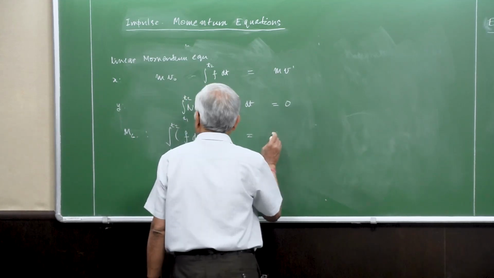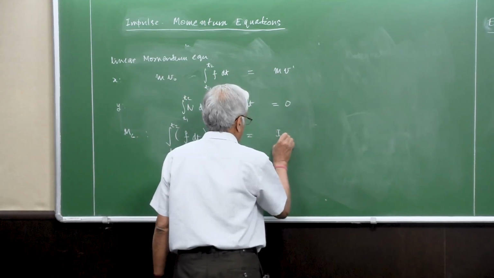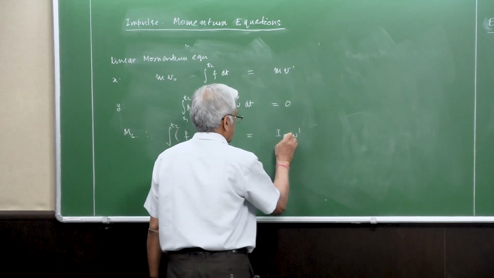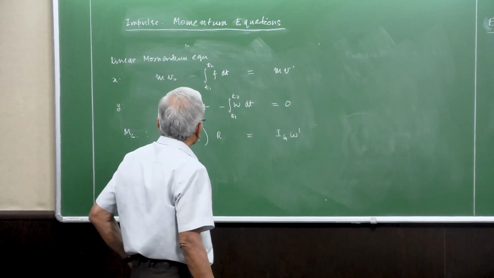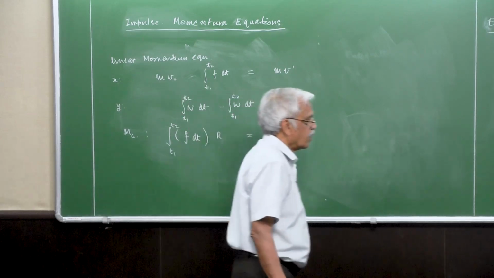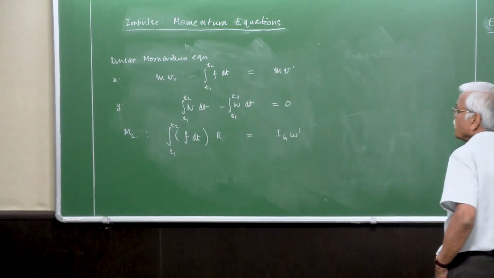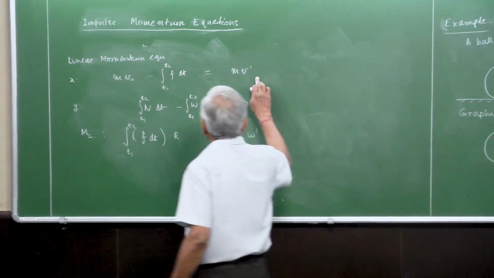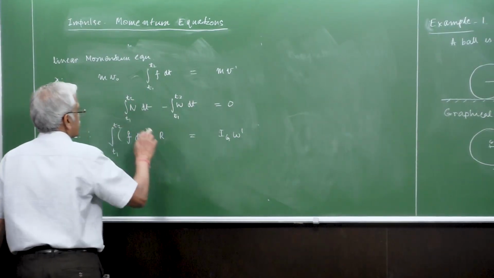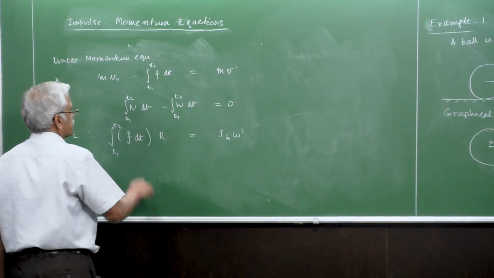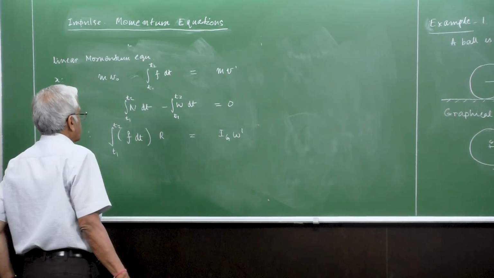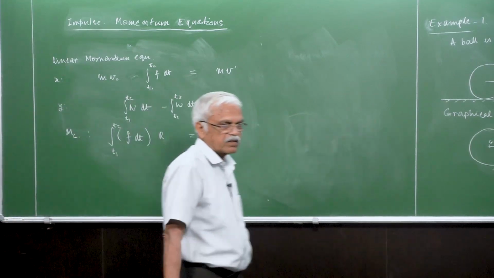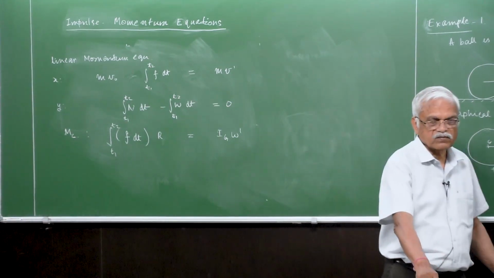On the right side you have Ig times omega prime. So these are the three equations. How many unknowns are there? If you count them: v prime and omega prime, as well as N and F. So there seem to be more unknowns than equations, right?